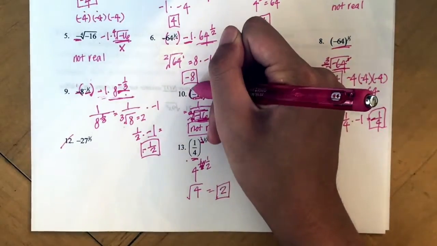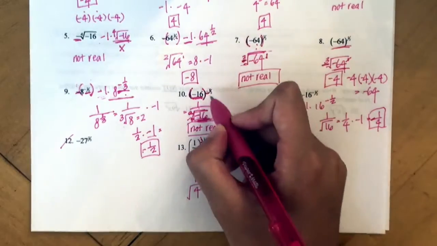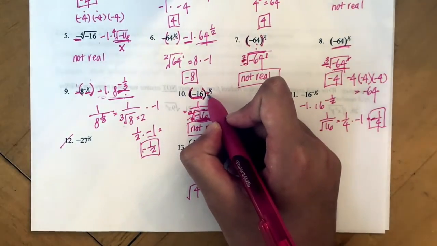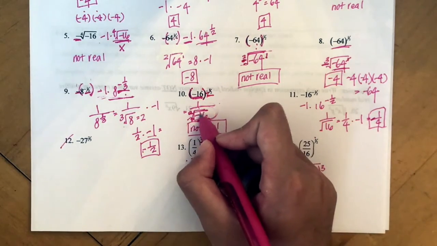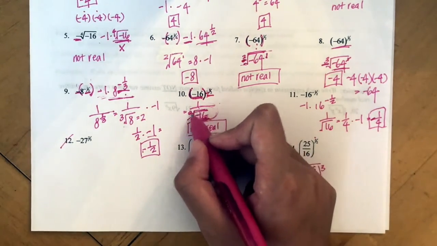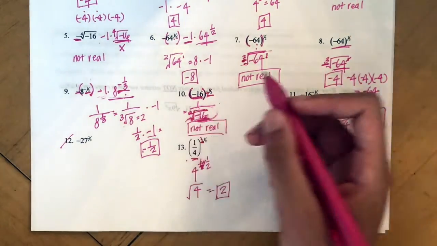Okay, moving on. Since there are parentheses around -16, we're going to treat this as a whole, but since we have a negative exponent, we have to get rid of that first. So we're going to do 1 over the square root of -16, because 1/2 is just the square root.